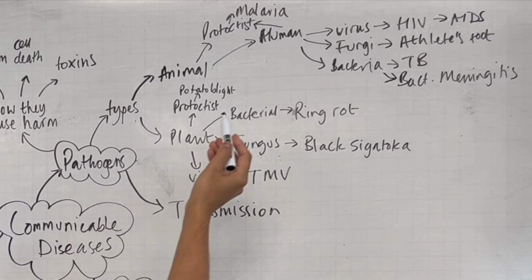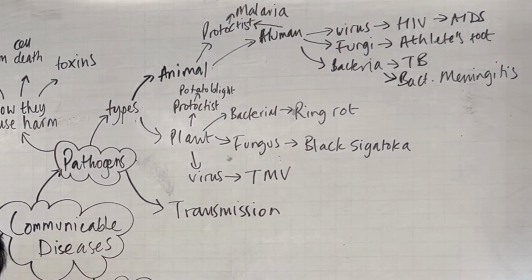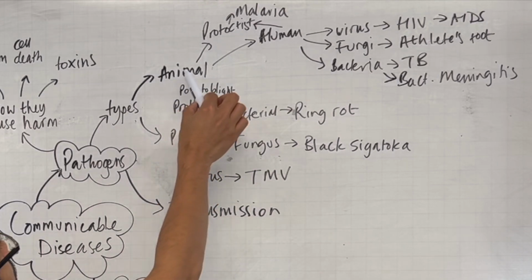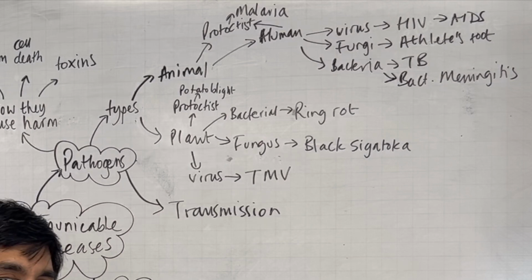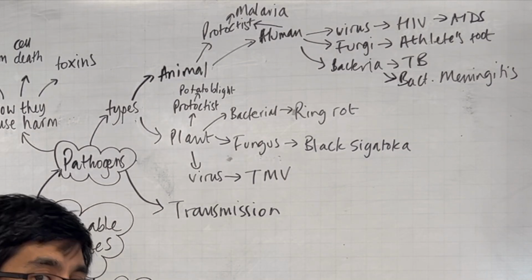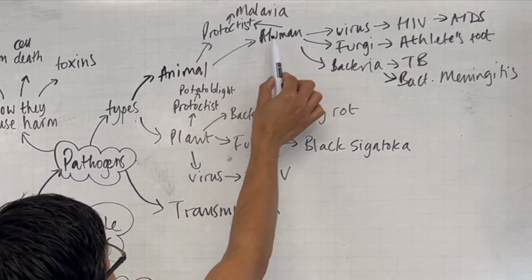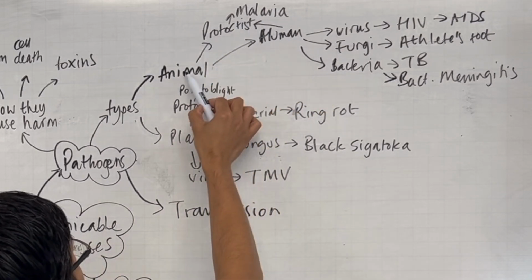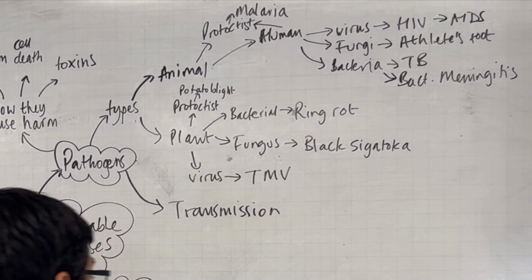Right, now the pathogen that causes malaria is a protoctist, but as part of its life cycle, interestingly, it does infect mosquitoes, and part of its life cycle is in mosquitoes, so it's infected mosquitoes, but another part of its life cycle is in humans, in the red blood cells. So we have the protoctist as part of the animal and human categories.